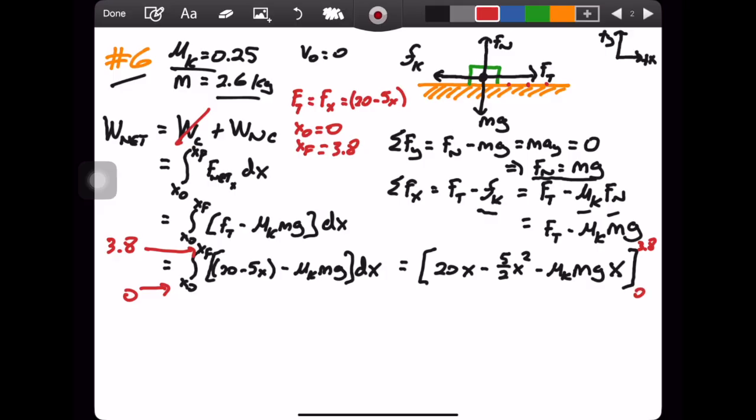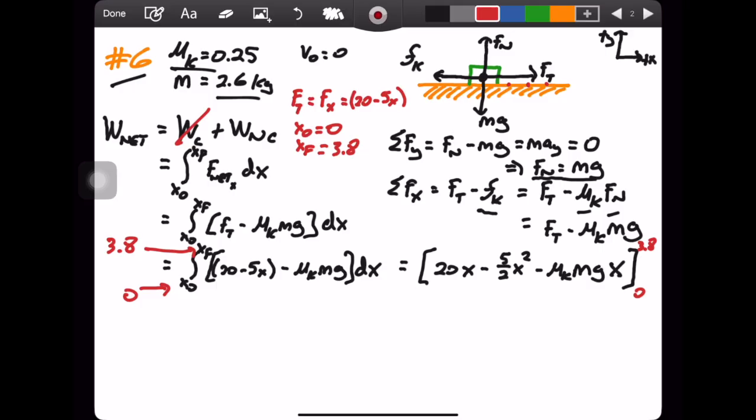So you can imagine I would take 3.8 and put it in for each of those x terms, and then I would subtract the value when you put 0 in for all those x terms. And by the way, if you put 0 in for all those x terms, every single one of those terms is going to vanish. So really what you see here is you have 3 terms. One involves an x, one involves an x squared, another involves an x. And in each of those you put in 3.8, and that's the value you're going to be working with.